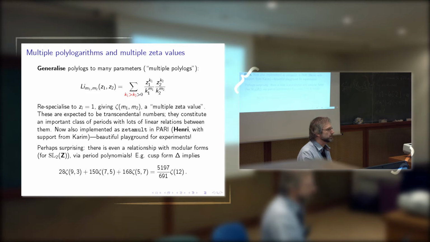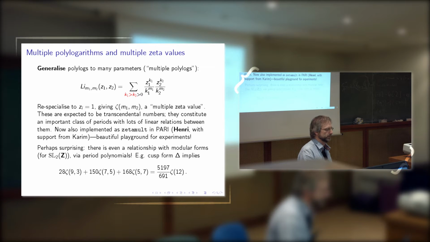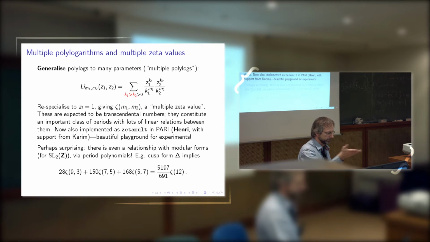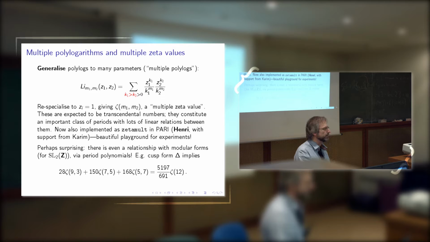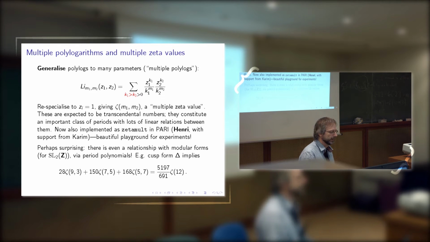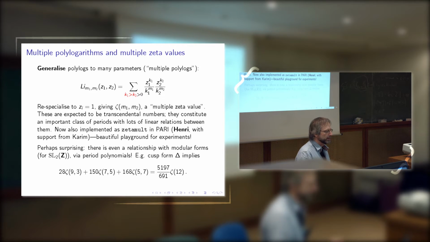And they have lots and lots of linear relations between them, and that's one of the beautiful features that one can find among them. And these have now been implemented under the name ZetaMult. That is Henri with support from Karim. And I would advocate that as a wonderful playground for experiments. And it's really lots of fun.